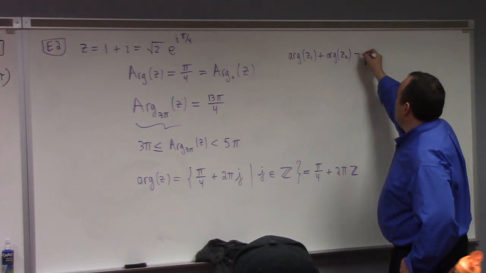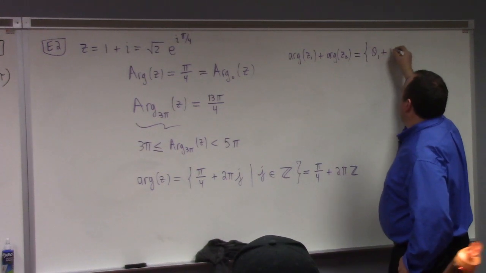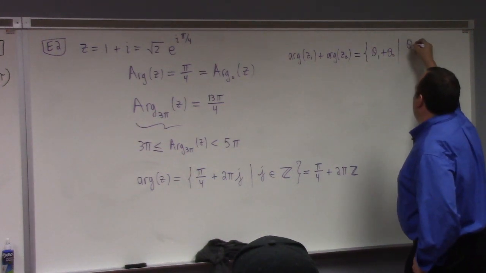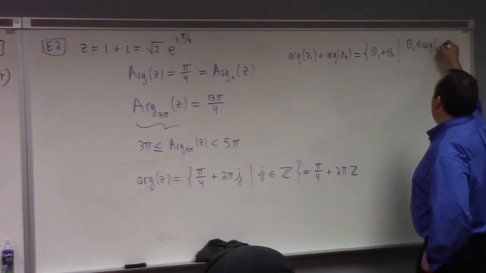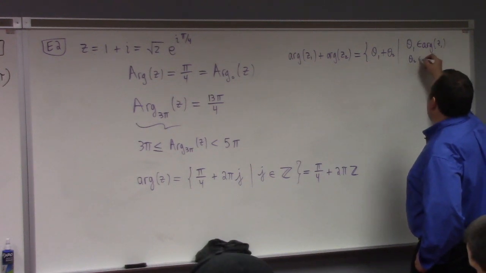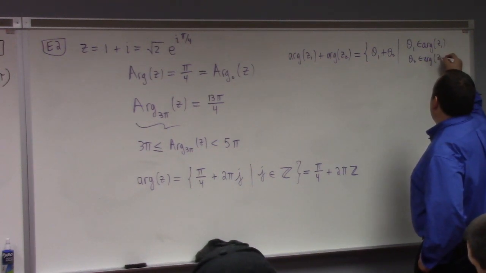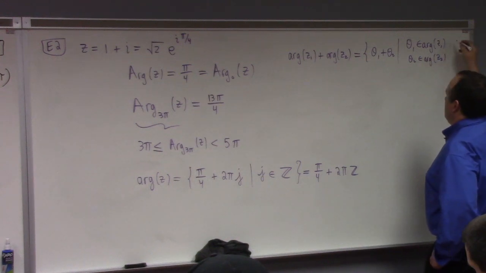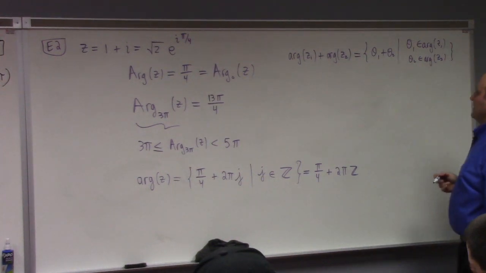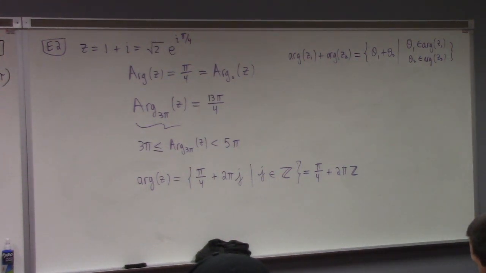I literally mean theta 1 plus theta 2 such that theta 1 is an element of arg z1 and theta 2 is an element of arg z2. That would be what would be meant there. I don't know if that's union or not. It might be.